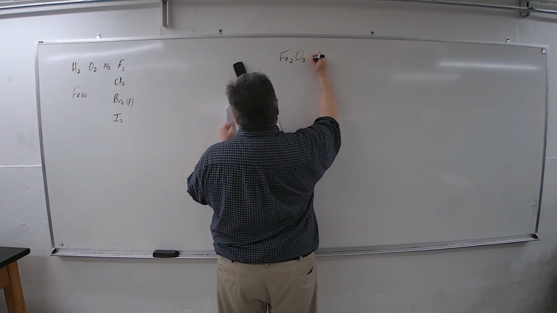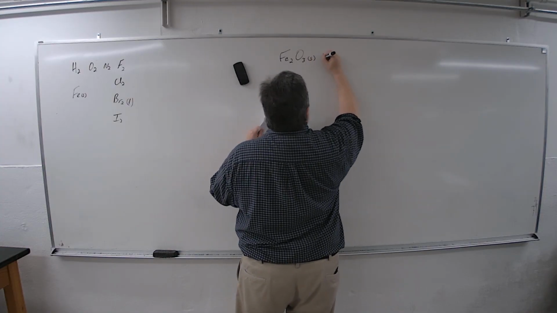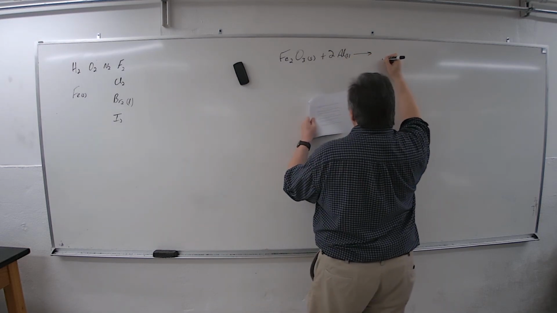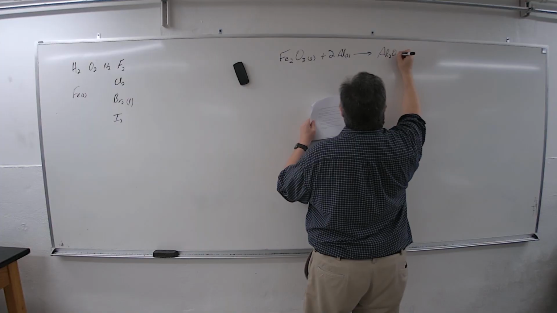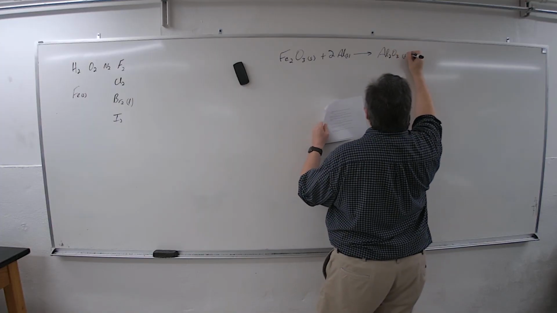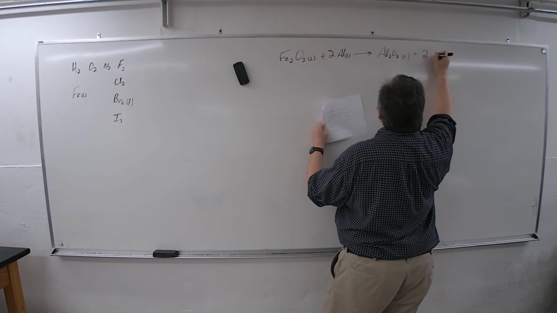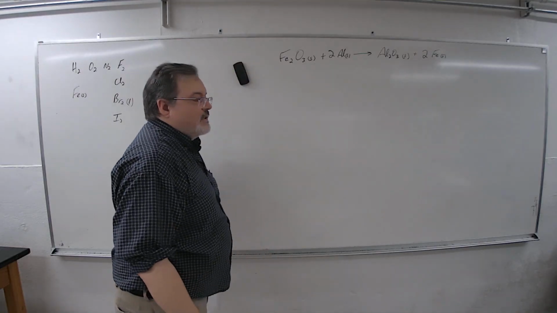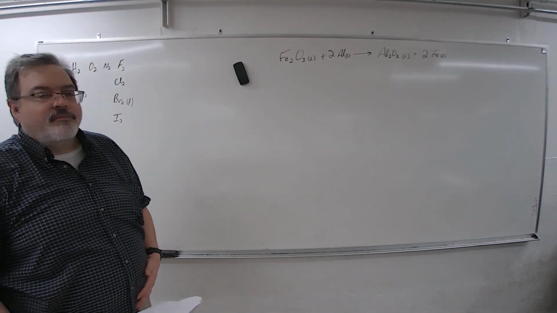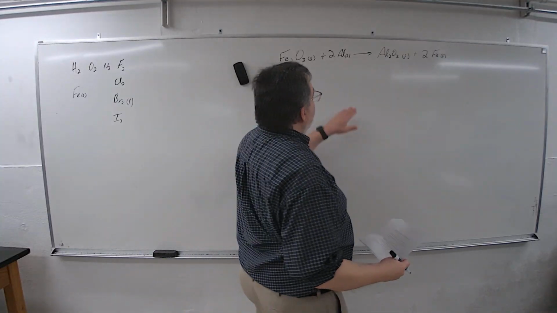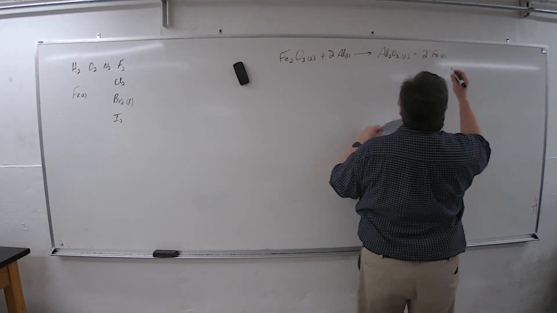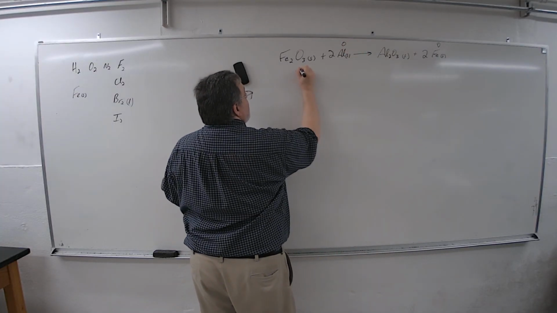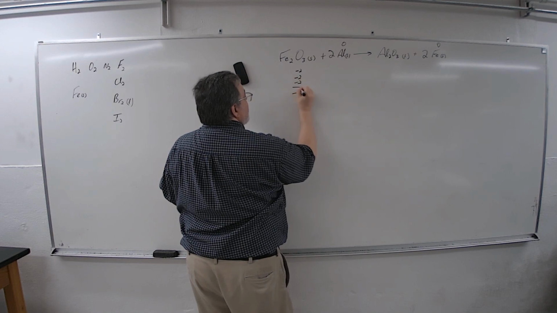Fe2O3 plus 2Al. Solid. Okay, first, tell me the elemental ones. That one's elemental and that one's elemental. Probably a pretty good guess, those are the ones changing. -2, -2, -2, total of -6.